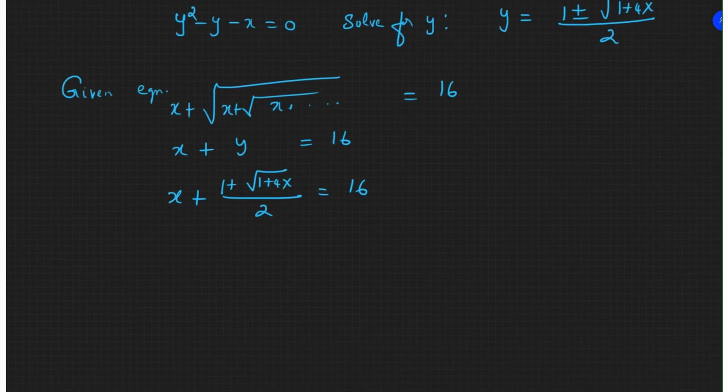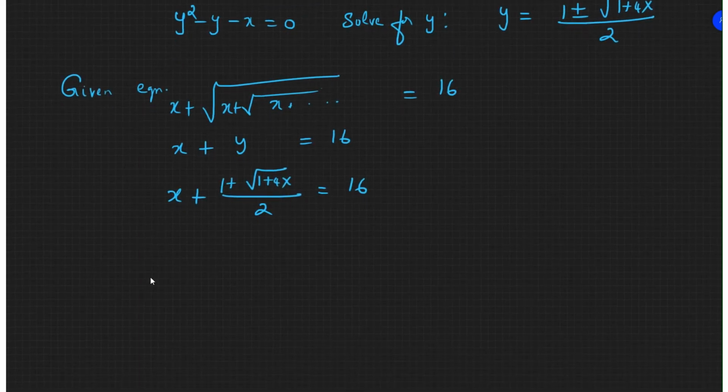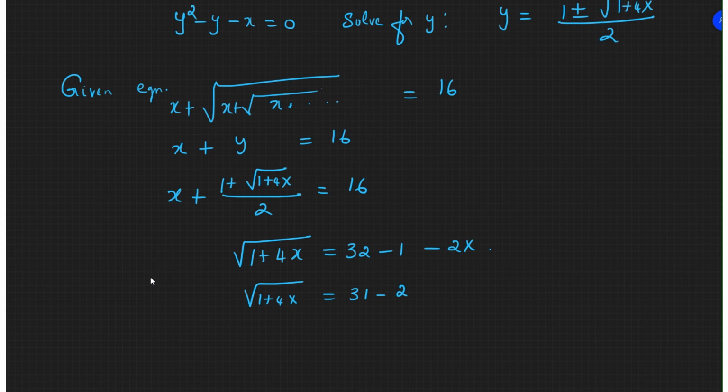Multiplying throughout by 2 and simplifying, I get this equation: square root of 1 plus 4x is 2 times 60 minus 1 minus 2x, or square root of 1 plus 4x equal to 119 minus 2x.